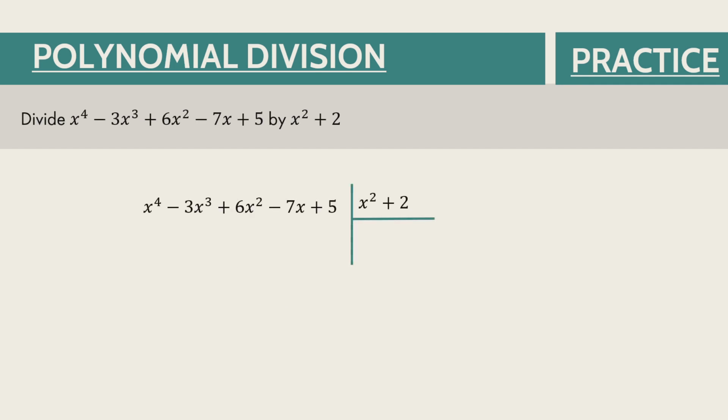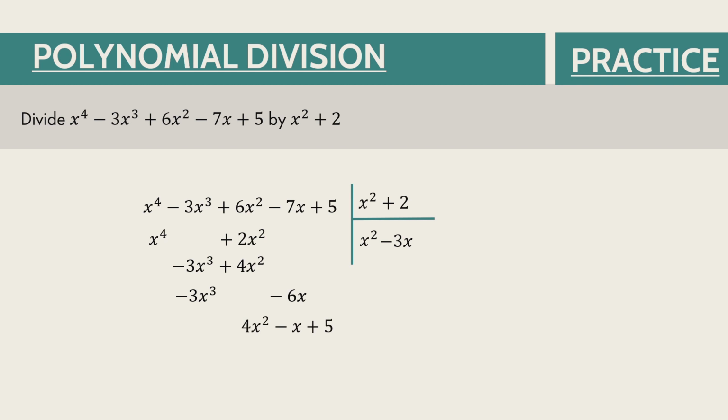Next, x to the power of 4 minus 3x to the power of 3 plus 6x squared minus 7x plus 5 divided by x to the power of 2 plus 2. Again, x squared. See what remains. Negative 3x, negative 3x to the power of 3 minus 6x.